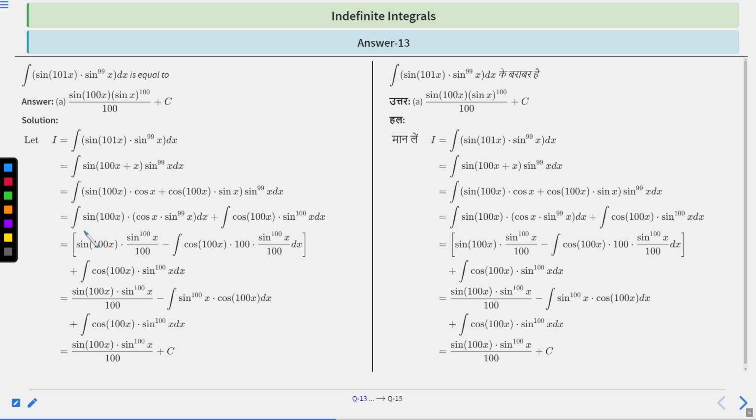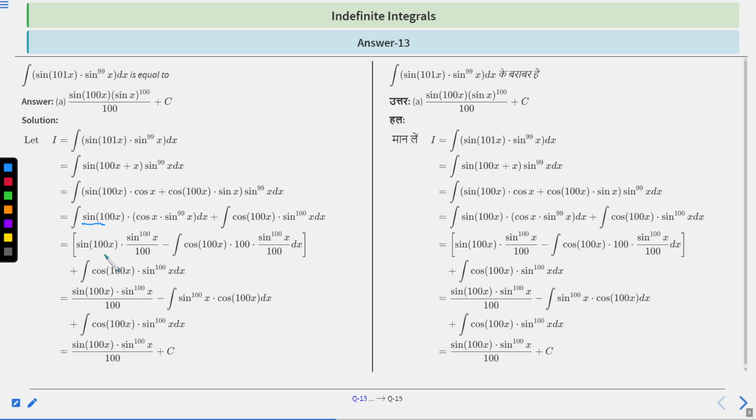Now we can easily apply integration by parts. The first function is this, the second function is this one. In the second function, if you take sine x as t, then cos x dx will be dt. Therefore, integration of cos x into sine to the power 99x will be integration of t to the power 99 dt, which is t to the power 100 upon 100, and t is sine x.